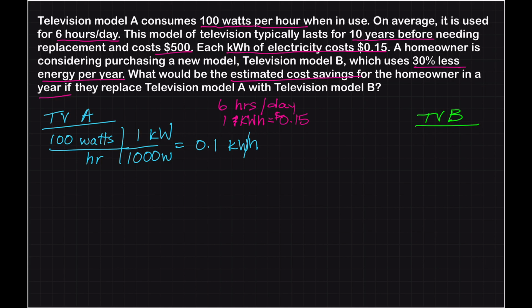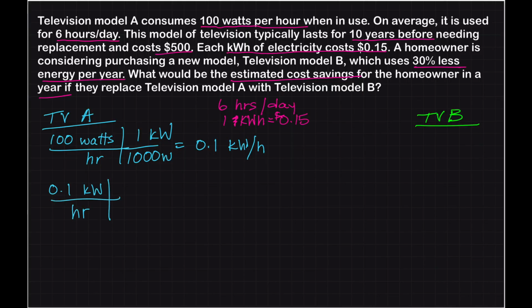Then we can take that and see how much it costs for the year for this TV. So we will take our 0.1 kilowatts per hour. I keep writing this wrong and it's confusing me, so let me write this correctly so I don't confuse you or me. Kilowatts per hour.